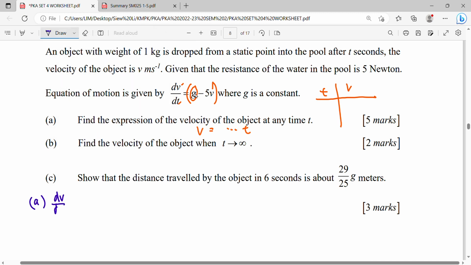dV dt equals g minus 5v. So as I said just now, this is your factor v. Your t means tak adalah. Separable method. Factor v pindah ke sebelah kiri, so this is v punya bahagian, dt sebelah kanan. Cara separable.